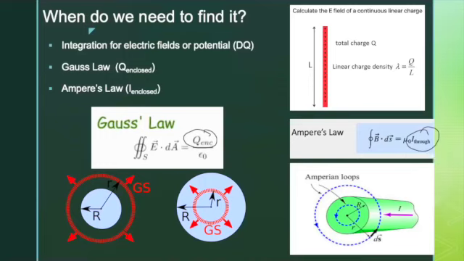So for Gauss's law, we have this situation and this situation. In the situation on the left, our Gaussian surface right here, that is not inside of our surface, right?